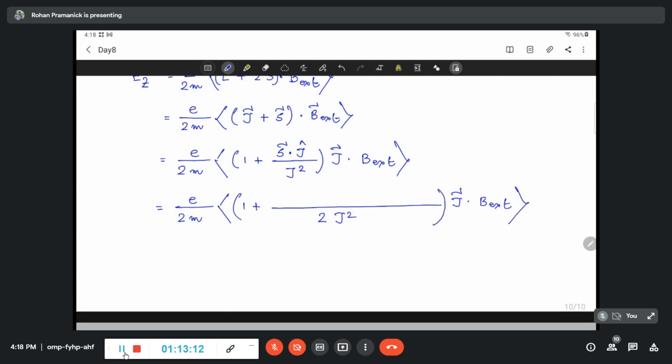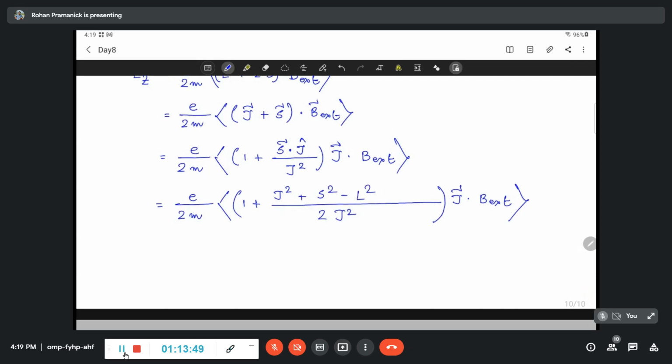How can you write S dot J? Write J equals L plus S, bring the S to the J side, then square it, and you find J squared minus S dot J, that is S squared plus J squared minus L squared.